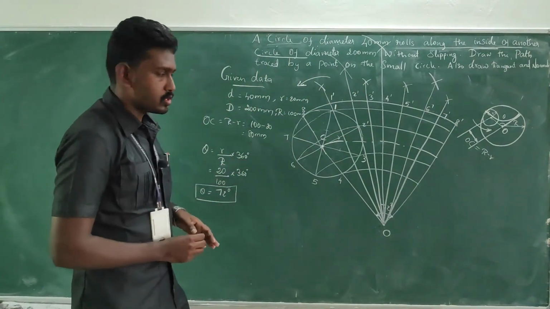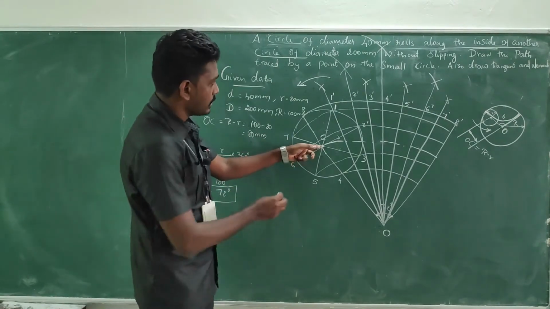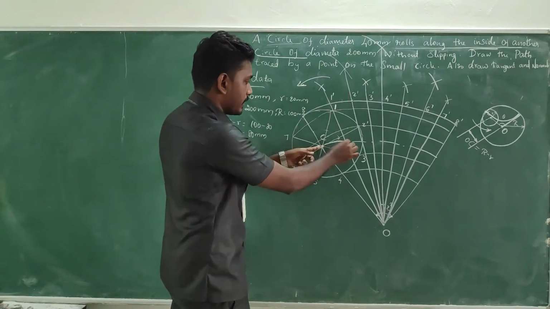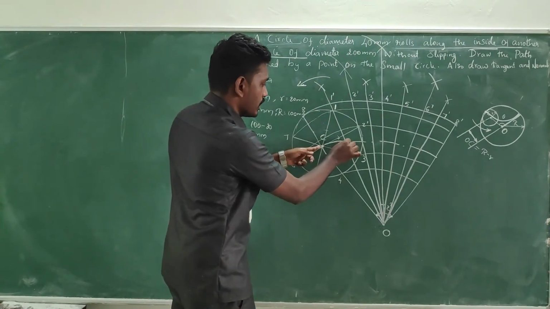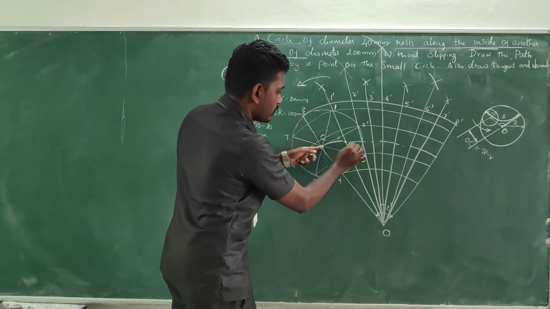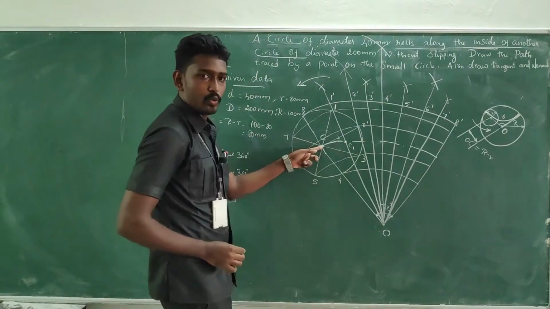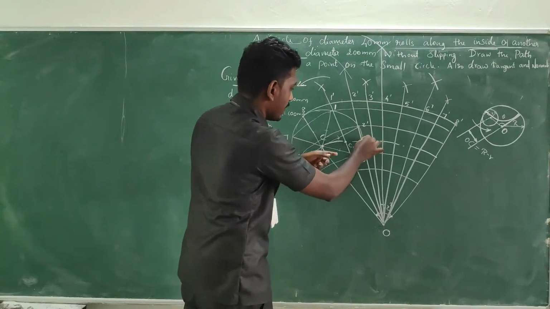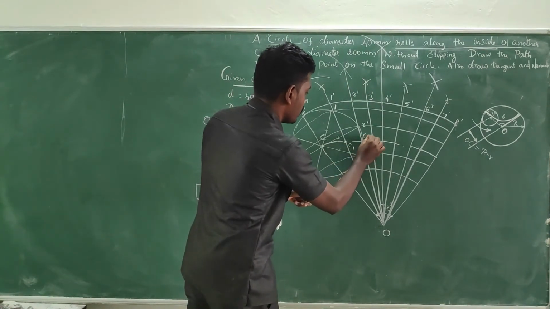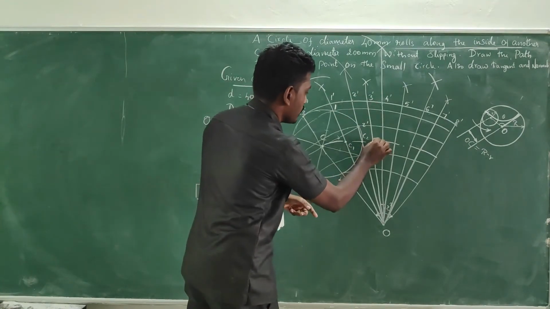Okay. Next, pick the center points. That means look for the first line's intersection with the locus of center. So the first line is intersecting here. So I can say this is C1, and the second one which is intersecting here would be C2. The third line you can see here.